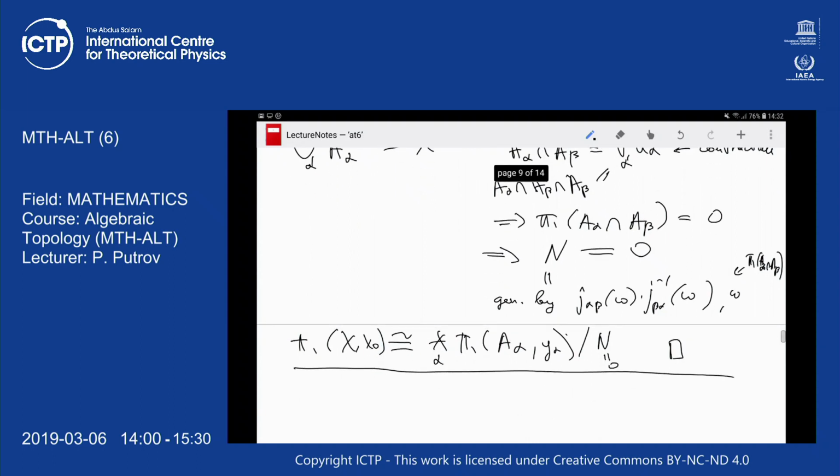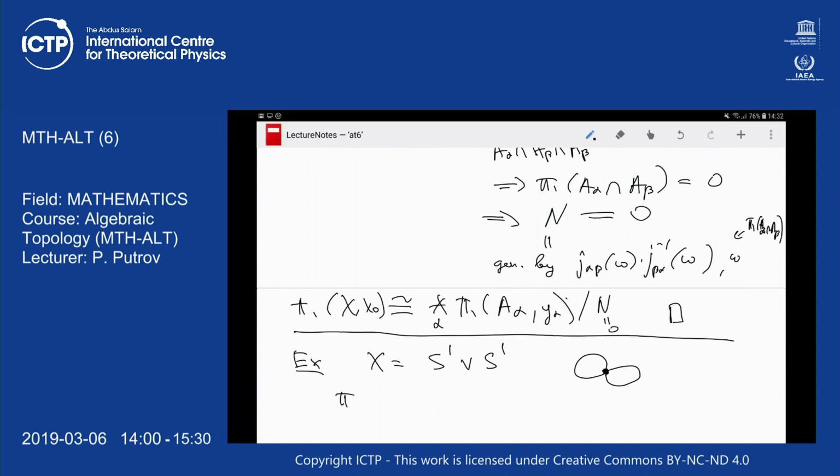An example is if X is the wedge product of S1 with S1, which looks literally like this, it's two circles glued at a point. The fundamental group of X is Z star Z, which is just all words of the following type.